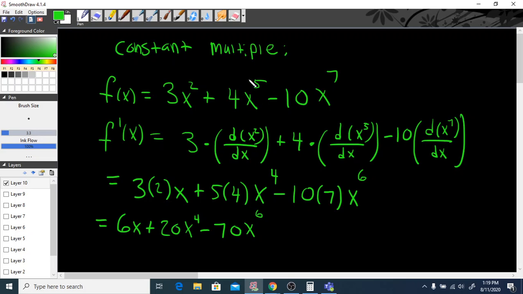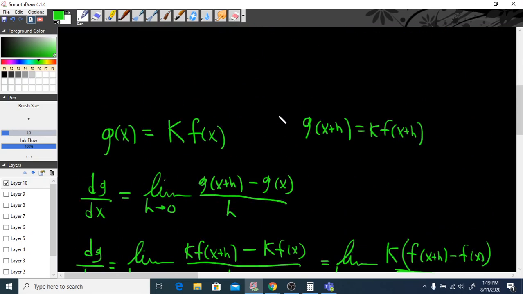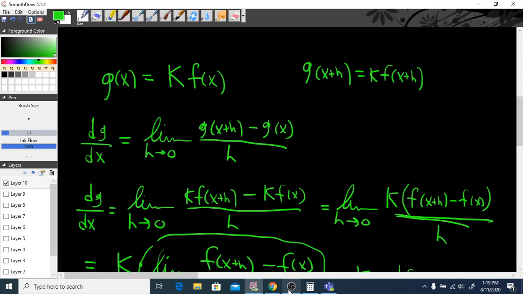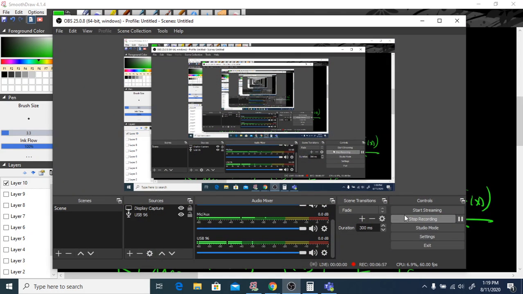Here, 4 times x to the 5, its derivative is going to be 4 times 5 times x to the 4, which is 20x to the 4. And then we're going to have 10 times 7 times x to the 6. Boom, there we go. So here's the example. Here is the proof. And again, this applies to any function in the world. Blair out.